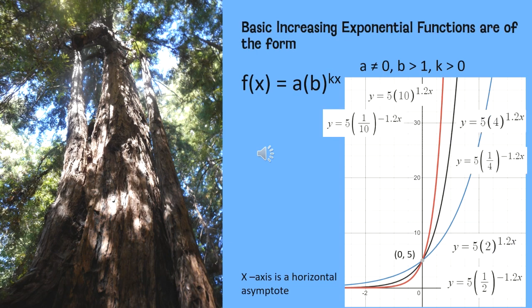Increasing exponential functions can be written with bases that are less than 1. If they are, then the exponents have a negative coefficient. That's due to the definition of a negative exponent.